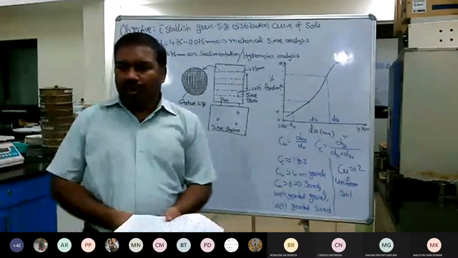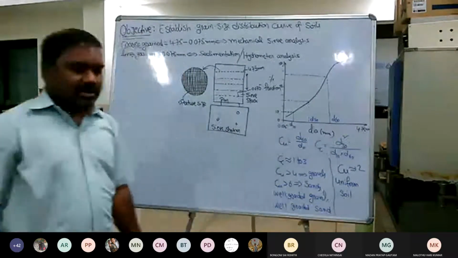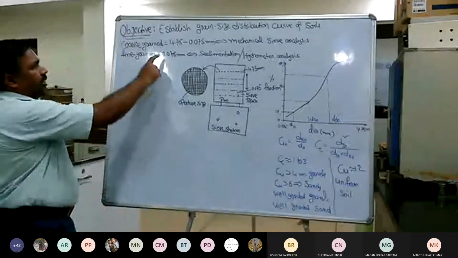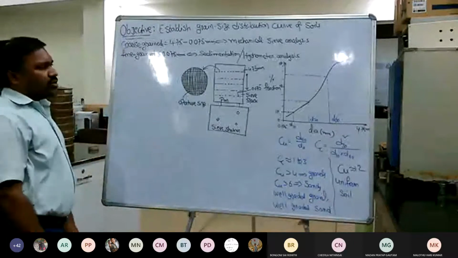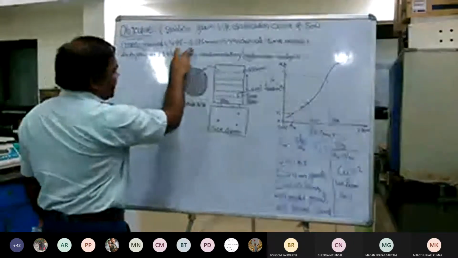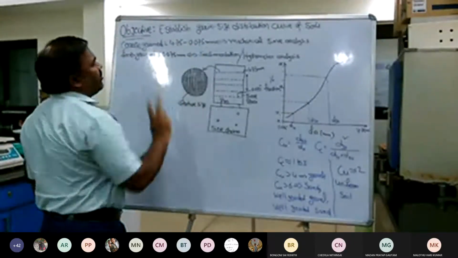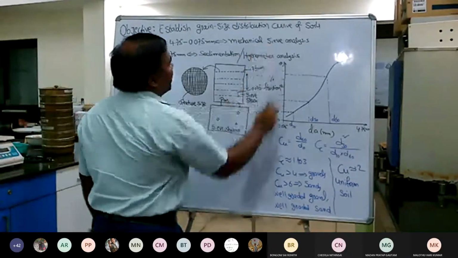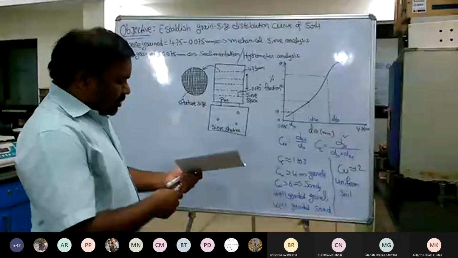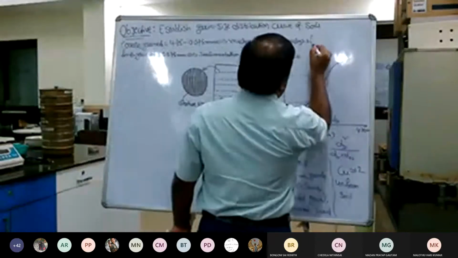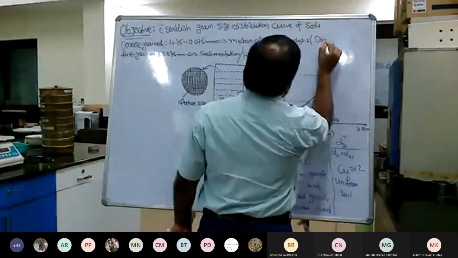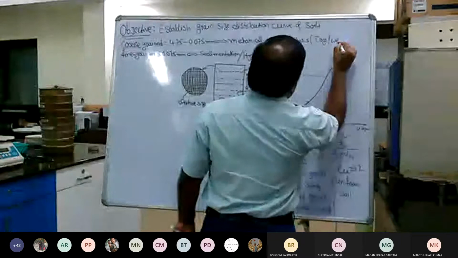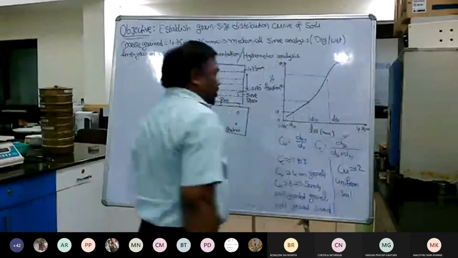In your soil mechanics course, you might have already undergone the sieve analysis. There we have seen that if you are dealing with coarse grain soil, whose fraction range varies from 4.75 millimeter to 0.075, you normally resort to the mechanical sieve analysis. In this mechanical sieve analysis, you can use either the dry sieve analysis or the wet sieve analysis.